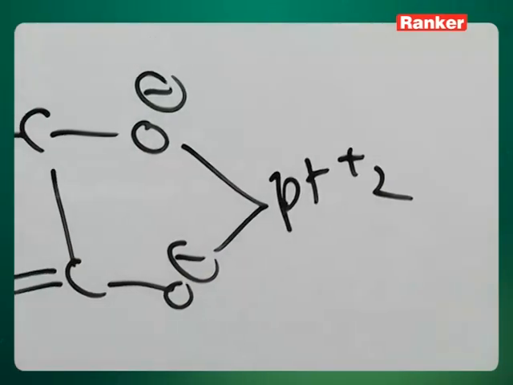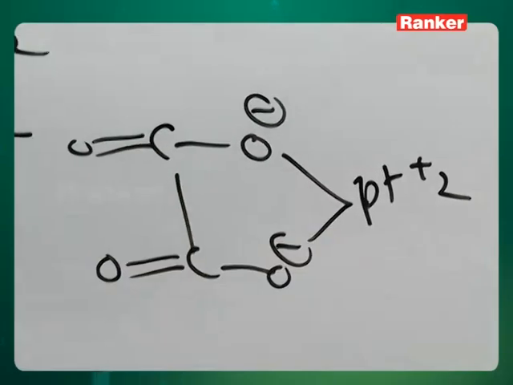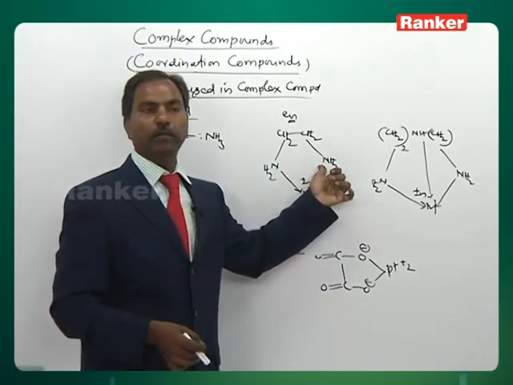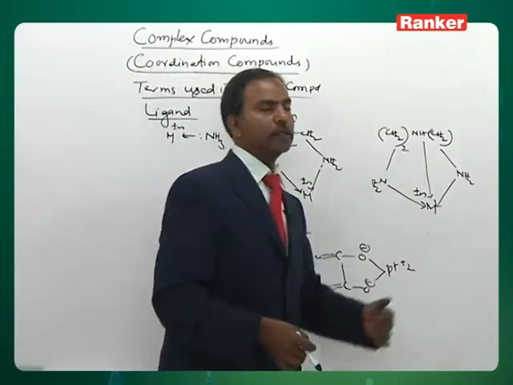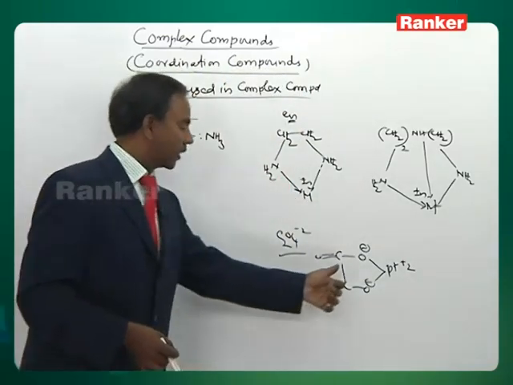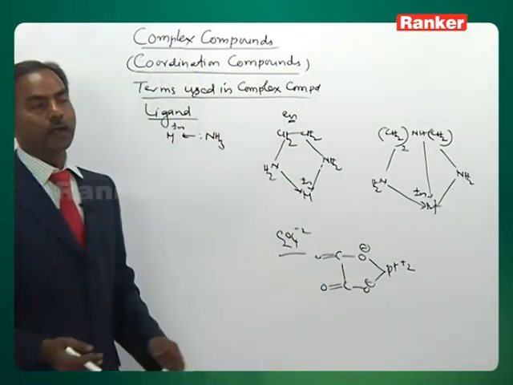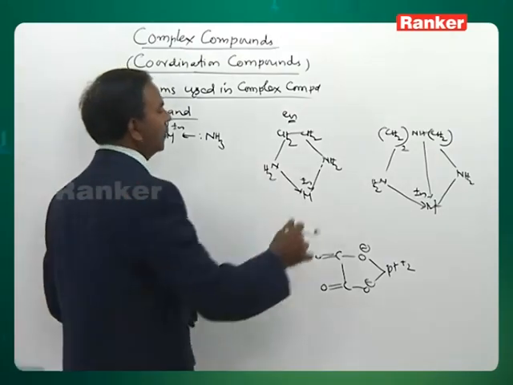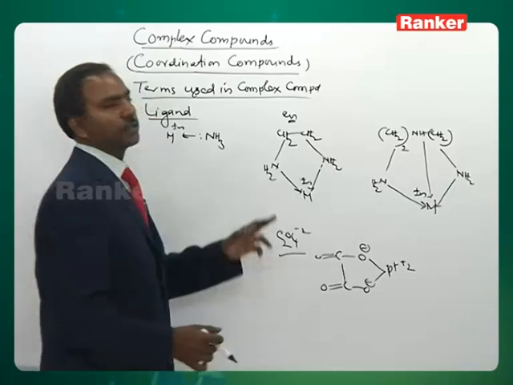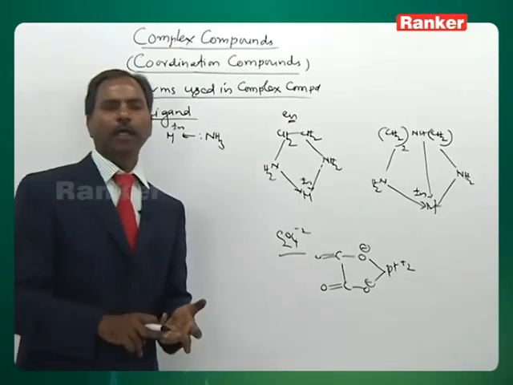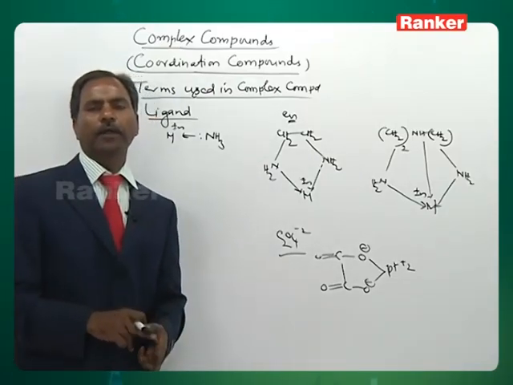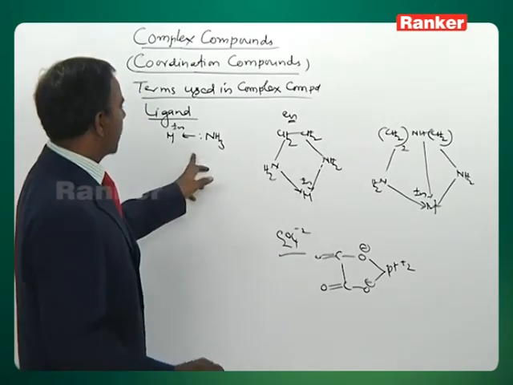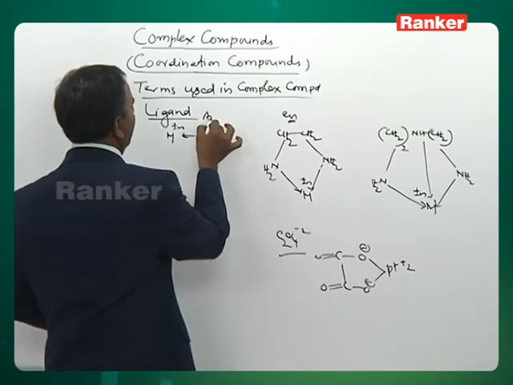Carrying one donor, monodentate; carrying two donors, bidentate; carrying three donors, tridentate. Based on the number of donor atoms, ligands are classified into mono, bi, tri, tetra, penta and hexadentate ligands. This is the ammine ligand, ammonia.